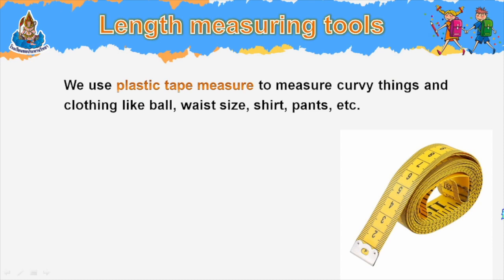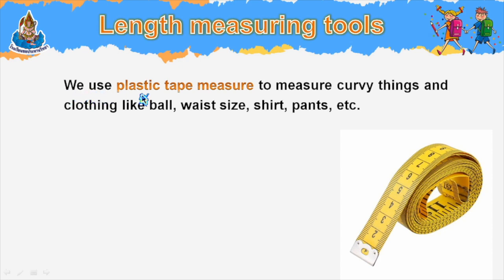Next, how about this one? What can you see here? This is a plastic tape measure. It's made up of plastic. That's why it's called plastic tape measure. Let's all read.